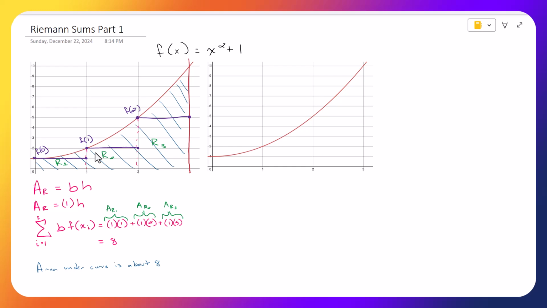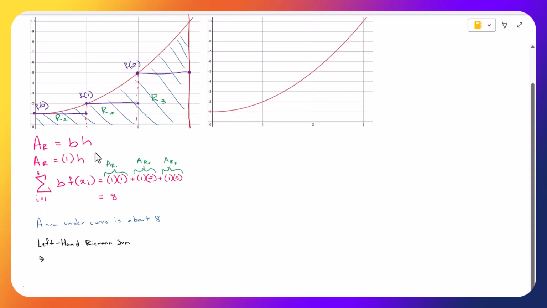Left-hand Riemann sum. And clearly in this case, it underestimates. Okay, here we go. Underestimates. And why is it underestimating? Well, it's underestimating because our function is increasing. So if we start on the left, we're going to have the lower side of our function.